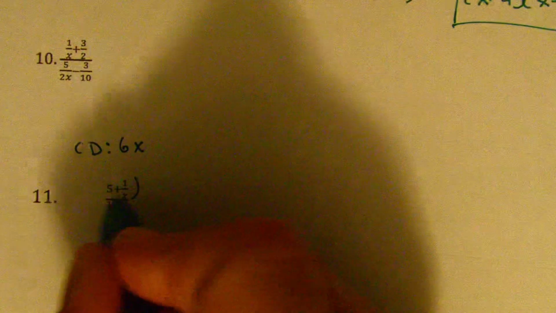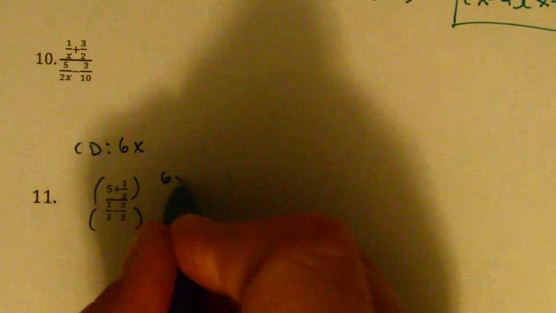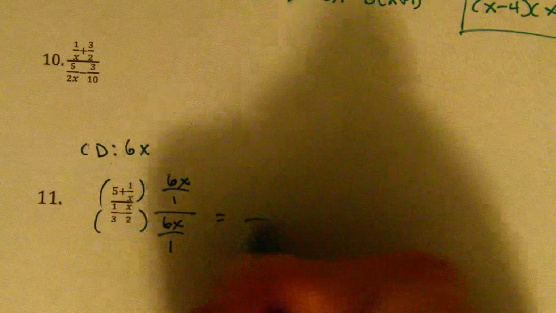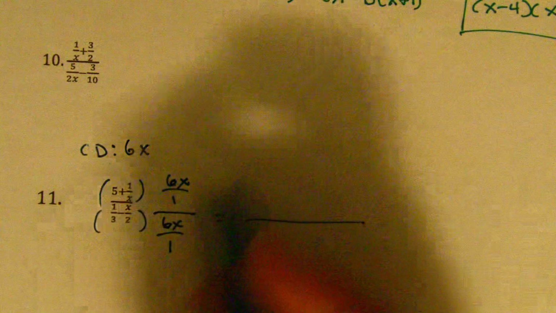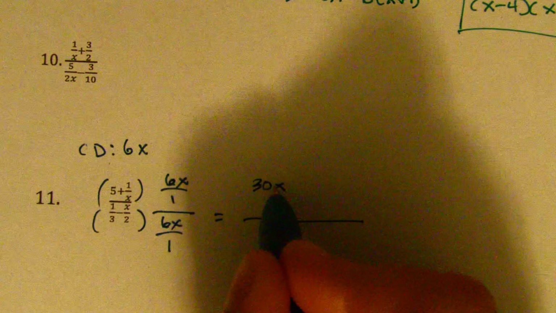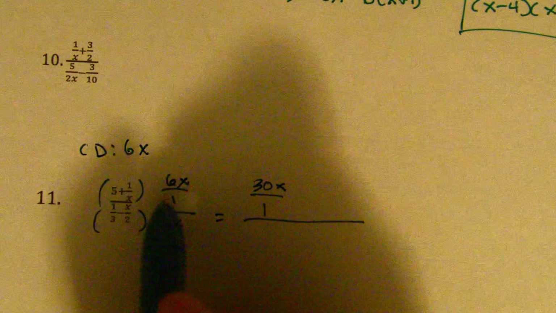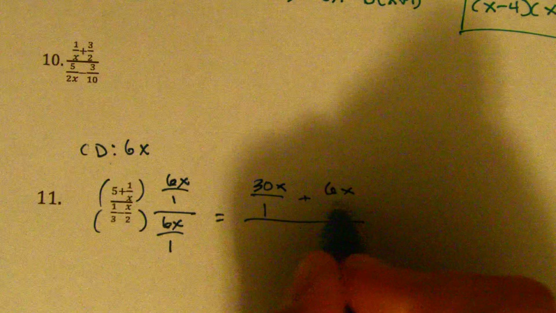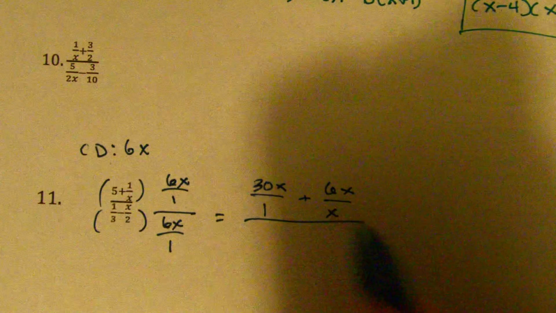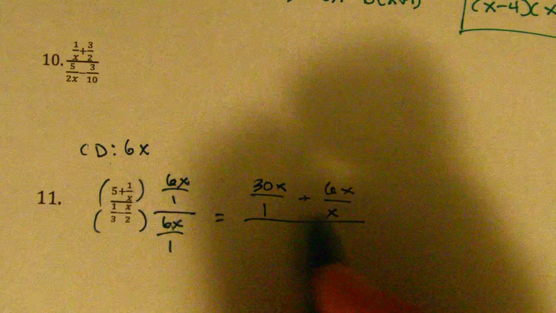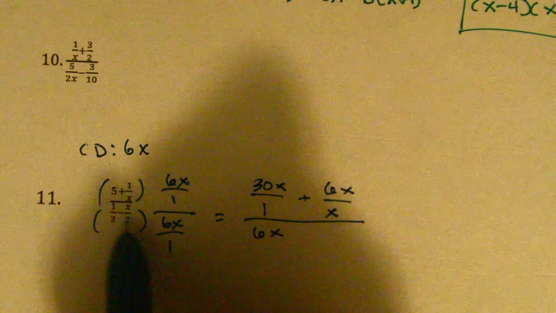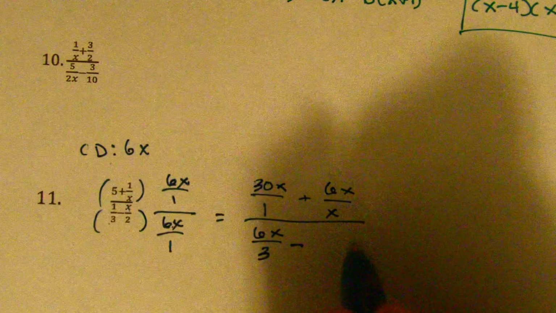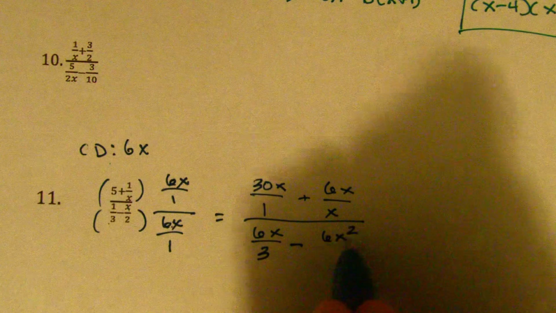So I'm going to multiply on top and bottom by 6x over 1. 6x times 5 is 30x over 1. 6x times 1 is 6x over 1 times x is x. 6x times 1 is 6x. 1 times 3 is 3. 6x times x is 6x squared.